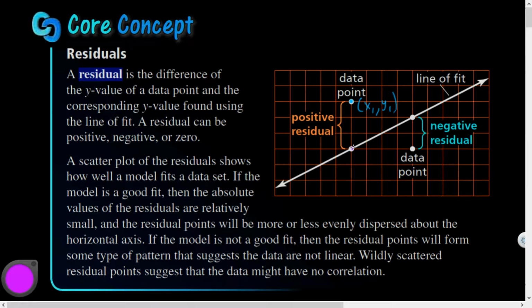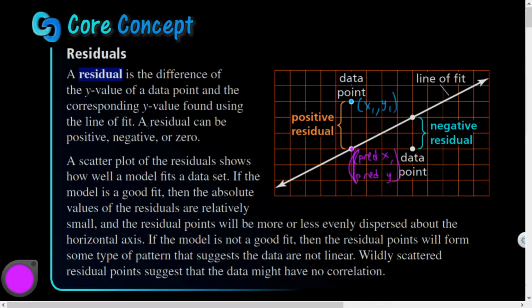So this would have been my predicted x and the predicted y. And now the question is, how far away is y1, the actual point, from my predicted y value for that point? That's what a residual is.